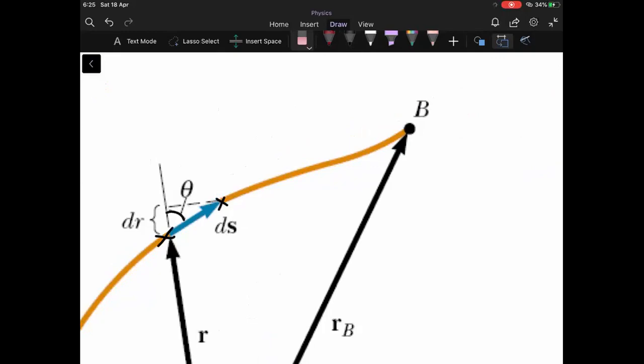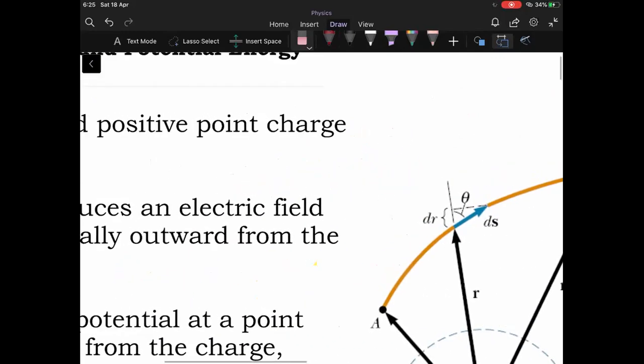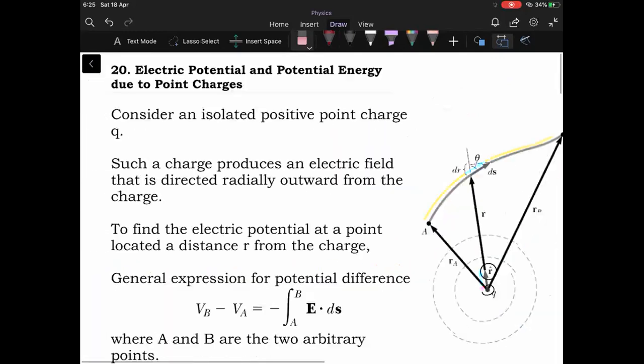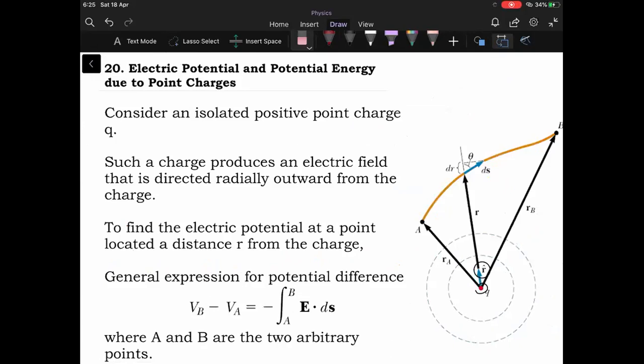Now let's look at the situation. What you are taking is an isolated, remember the term is isolated, positive point charge q. Such a charge produces an electric field that is directed radially outward.